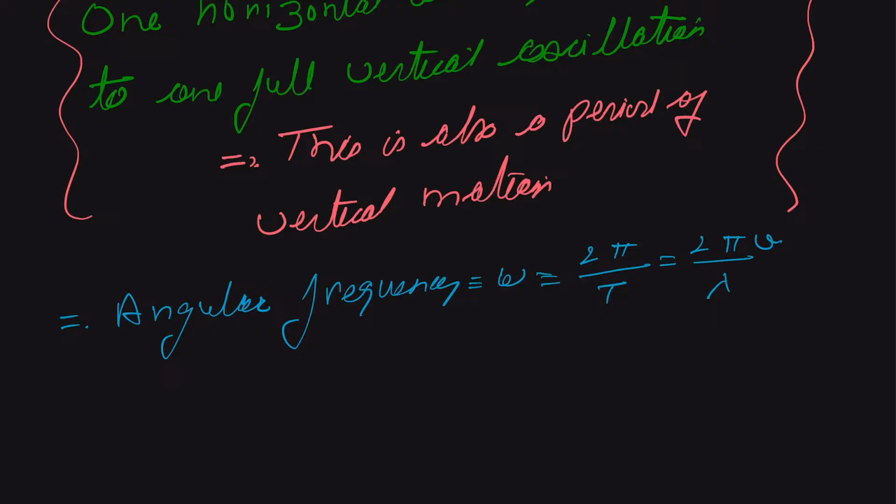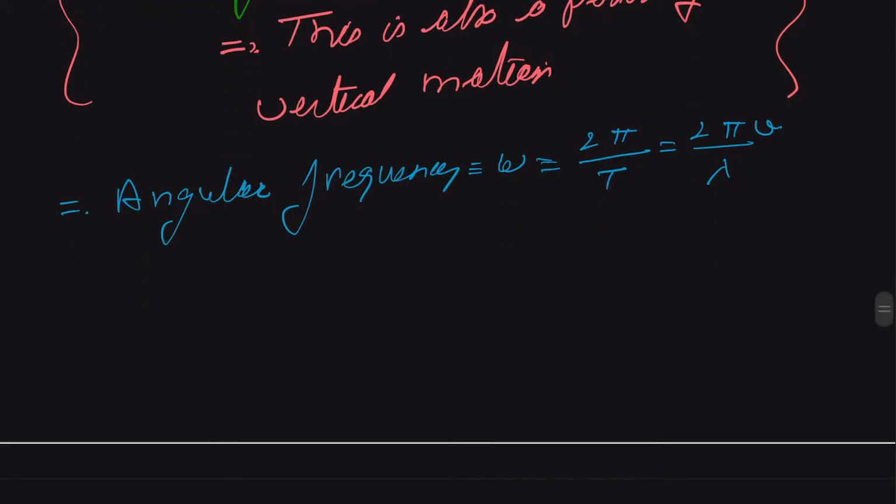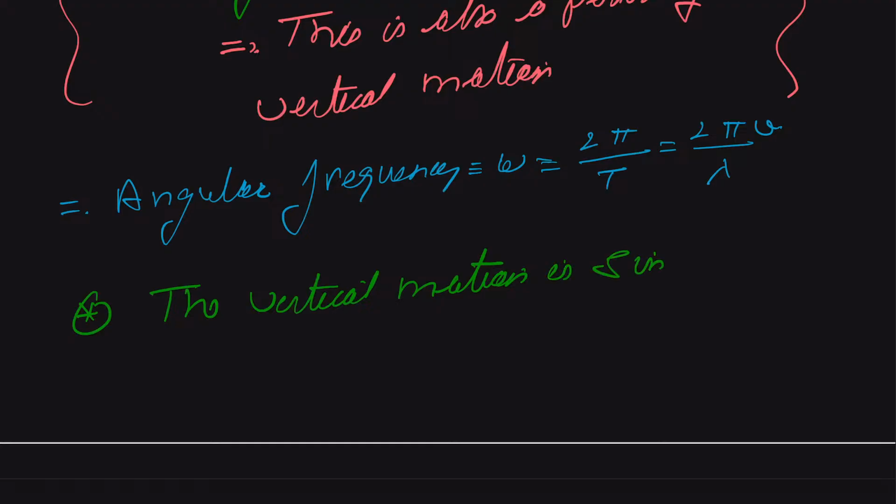For a vertical simple SHM, the standard equation we already know is y of t equal to h sine of omega t, because h is the amplitude given in this particular question. Normally it is represented as A, but here the amplitude is given as h. So we can say the vertical motion is sinusoidal with amplitude h.